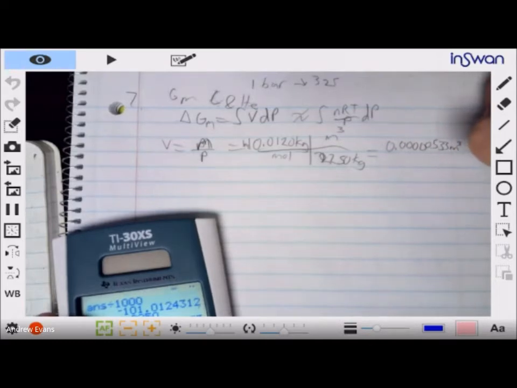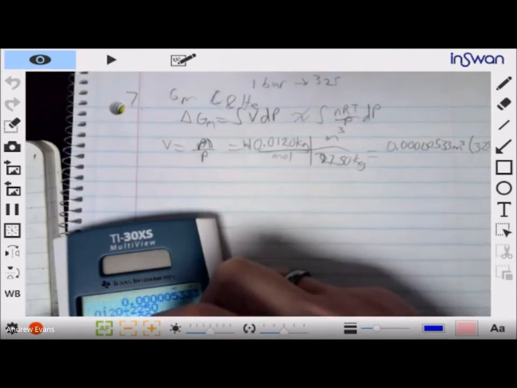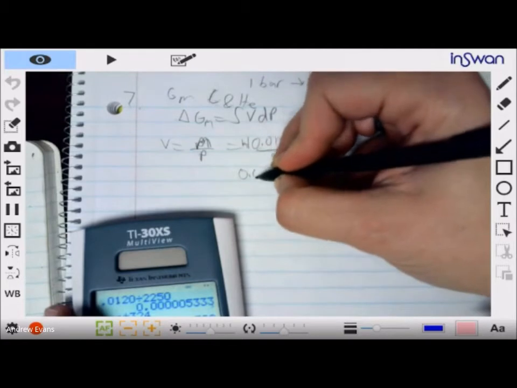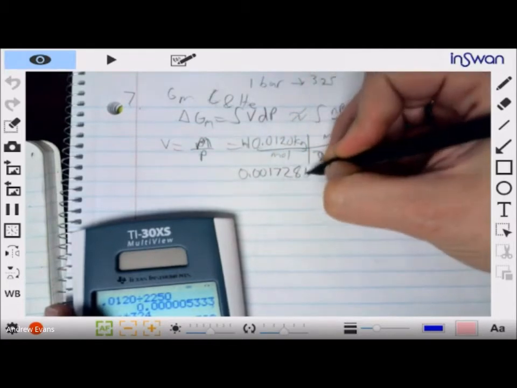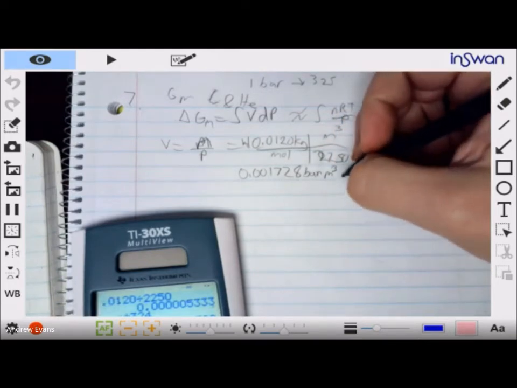Our pressure has gone from 1 bar to 325 bar, so multiply that by 324, which gives something like 0.001728 bar meter cubed.